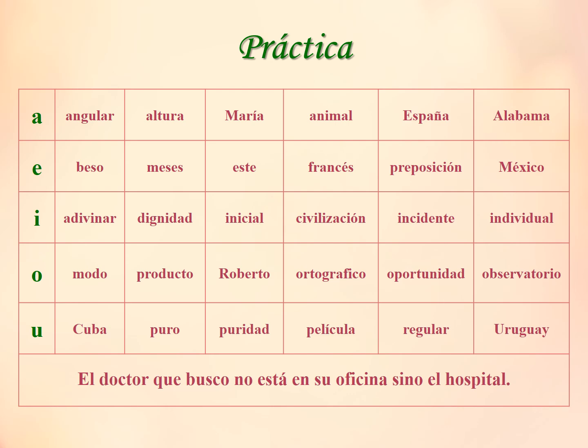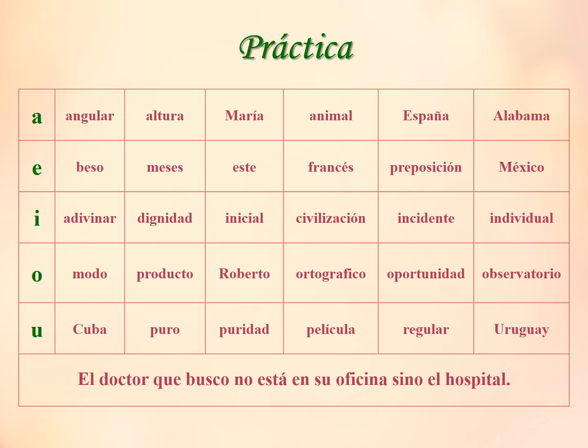Now let's do it in two parts. Repeat after me, el doctor que busco no está. El doctor que busco no está. And then the second half after me, en su oficina sino el hospital. En su oficina sino el hospital. Now the whole sentence, and I'll make sure to give you enough time.